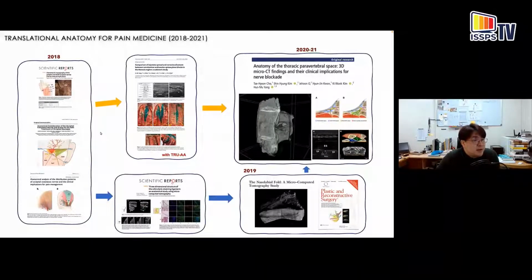After trial and error this year, we can provide detailed anatomy of the paravertebral space using our micro-CT technique. So what I talk about today is how to apply the micro-CT method for investigation of the paravertebral space and how to collaborate with a pain physician to help other clinicians.